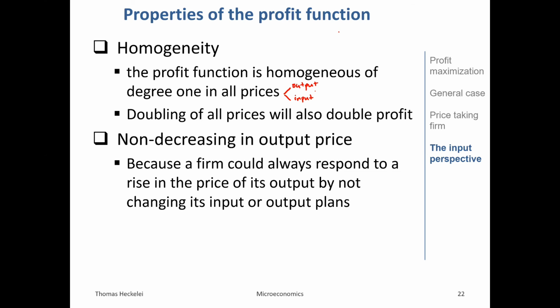Now, the second property is non-decreasing in output price, which is quite intuitive, right? So imagine if you keep everything else constant and only the price of the product increases, then your profit should be increasing, right?